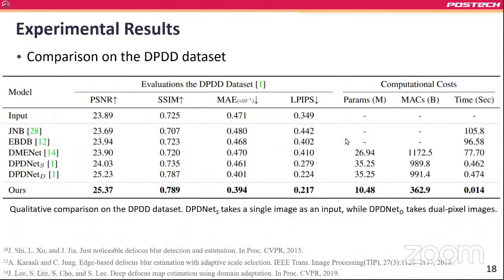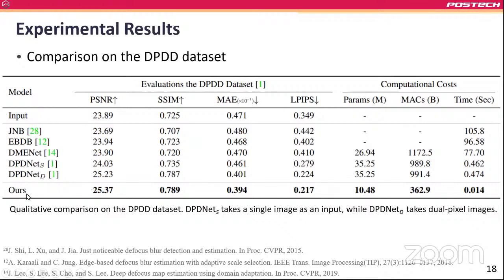This is a comparison with previous work. You can see that our network achieved the best performance. Interestingly, this DPDNet uses dual pixel, which means stereo pixel images, for defocus deblurring, but our network uses only a single image.